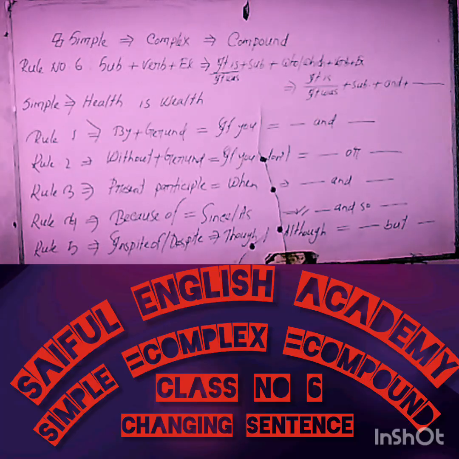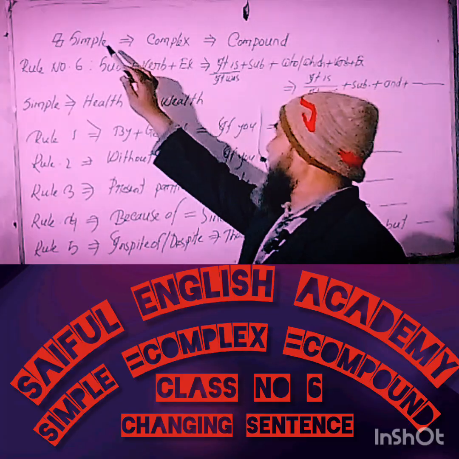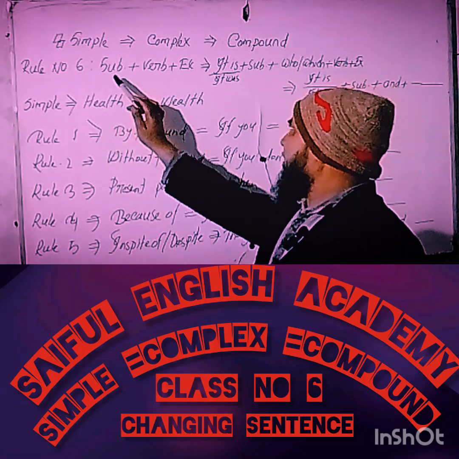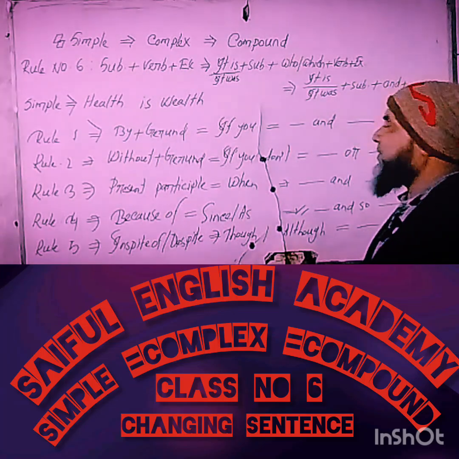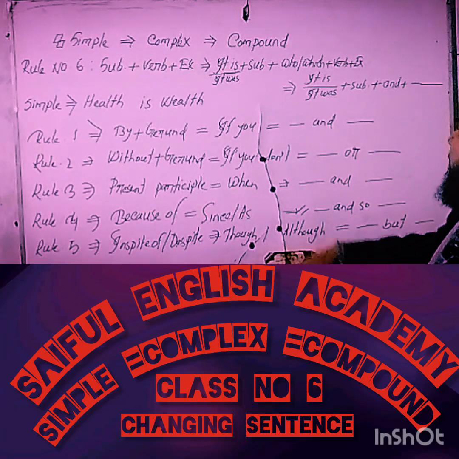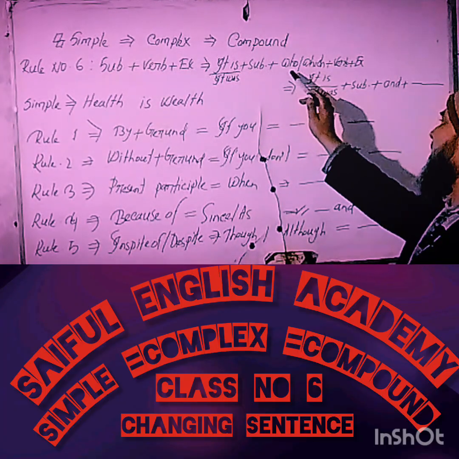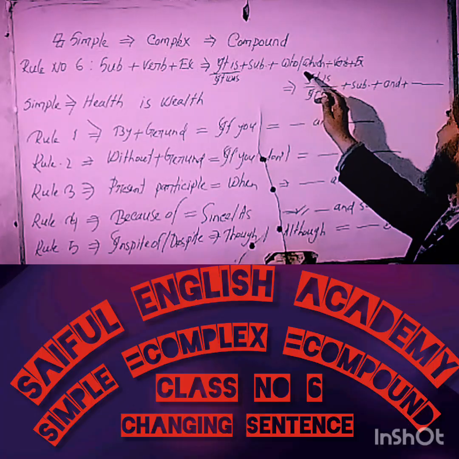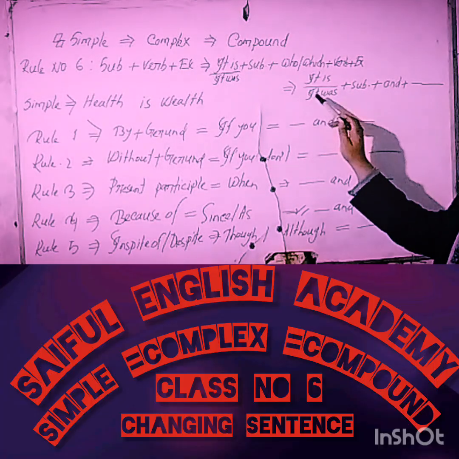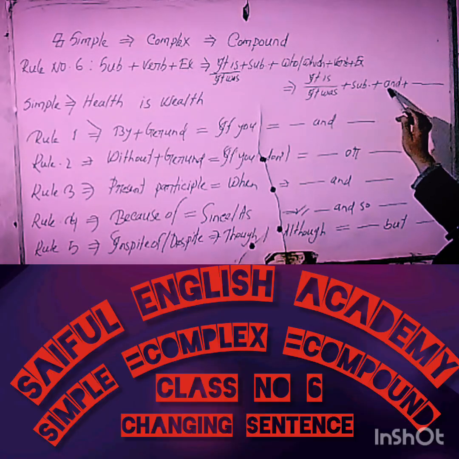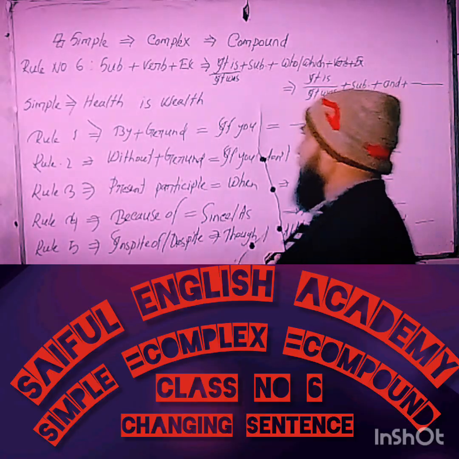Okay, my dear listeners, with the reference of my previous classes, today I have introduced a new class named changing sentence from simple to complex to compound: subject plus verb plus extension equals to it is plus subject plus relative pronoun who or which plus verb plus extension, equals to it is or it was plus subject plus and plus extension.